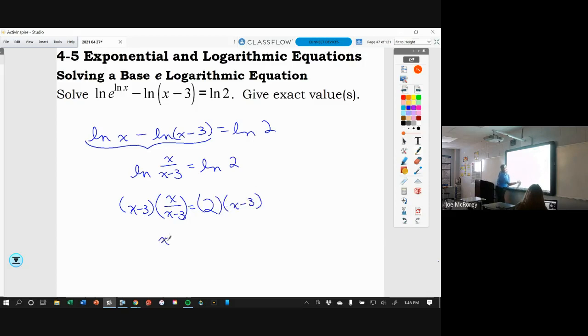I get x equals 2x minus 6. Subtract x from both sides. Add 6 to both sides. x is 6.